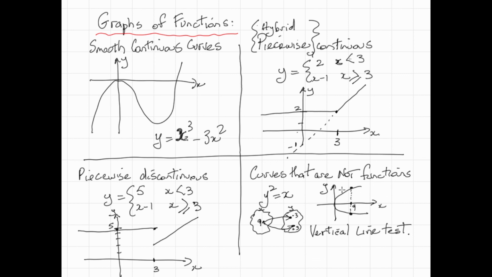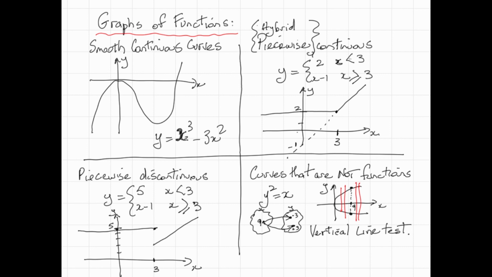And clearly, there are an infinite number of vertical lines I can draw here, but you only have to have one vertical line, and if it cuts the graph in 2 or more spots, well, it is not a function.